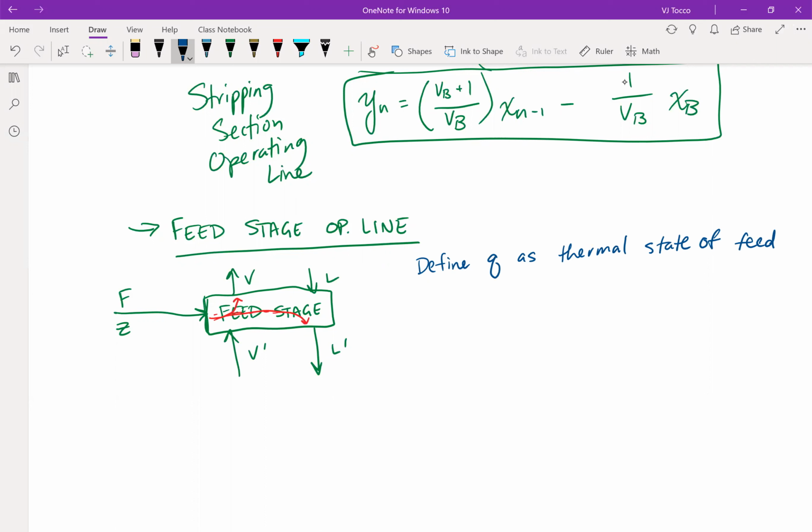And we are going to say arbitrarily, well, not arbitrarily, there's a reason for it, but we won't get into it later, that if q is equal to 1, then that corresponds to a saturated liquid feed. And if q is equal to 0, that is going to be a saturated vapor feed.